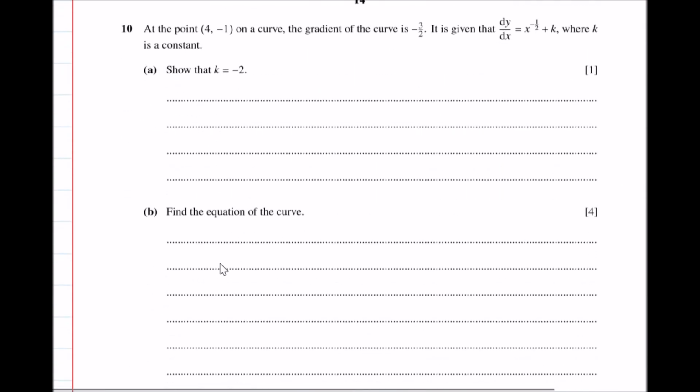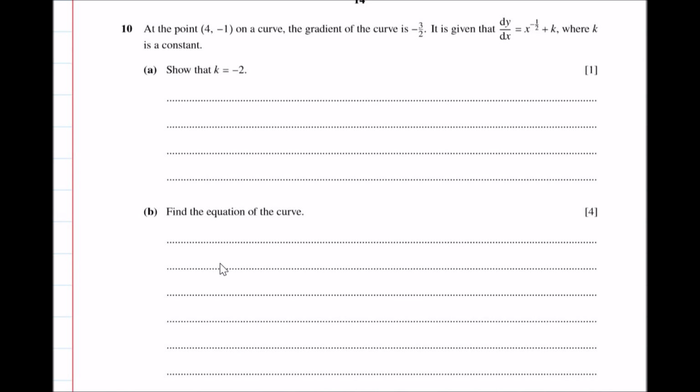Next question. Question number 10. At the point 4, minus 1 on a curve, the gradient of the curve is minus 3 by 2. It is given that dy by dx equal to x raised to the power minus half plus k, where k is a constant. Show that k equal to minus 2.